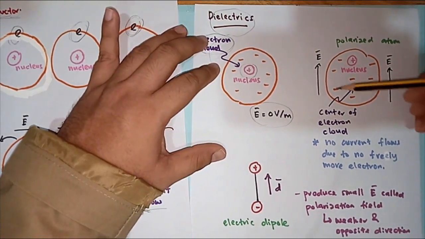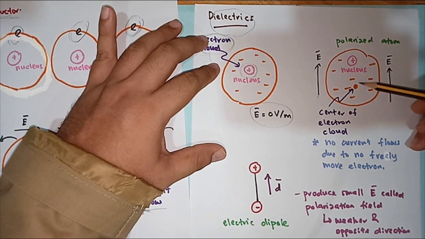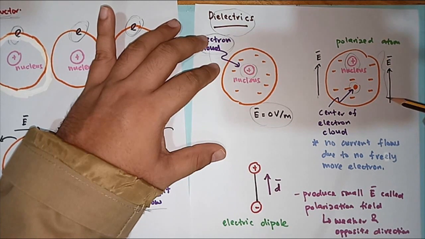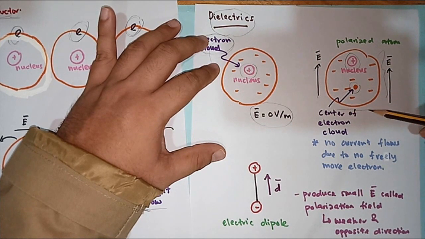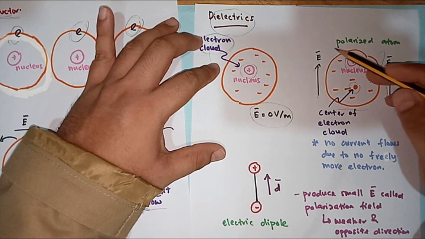However, when we expose this atom to some value of electric field, the center of the electron cloud will be moved away from its nucleus, like what is shown in this figure. This phenomenon we call a polarized atom.